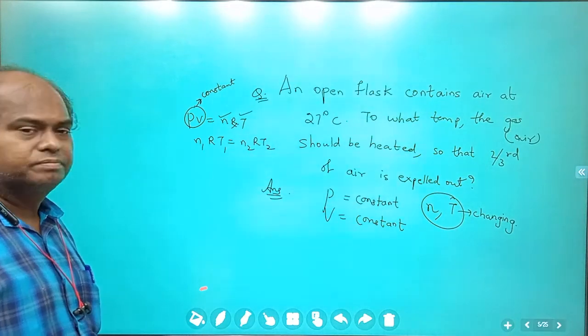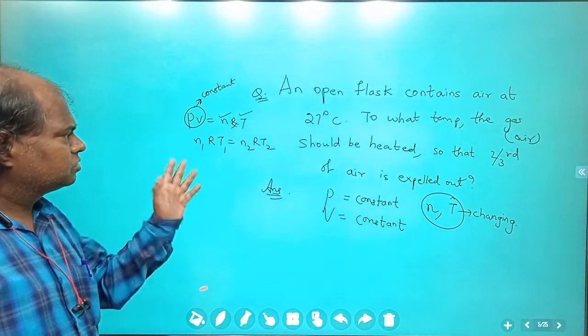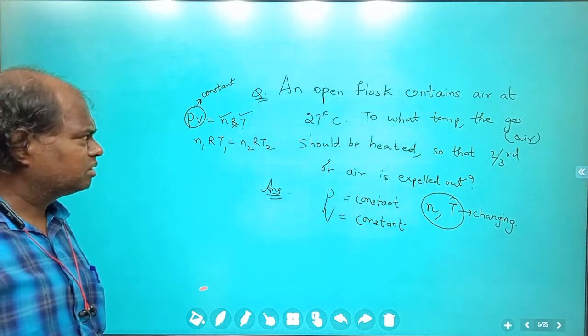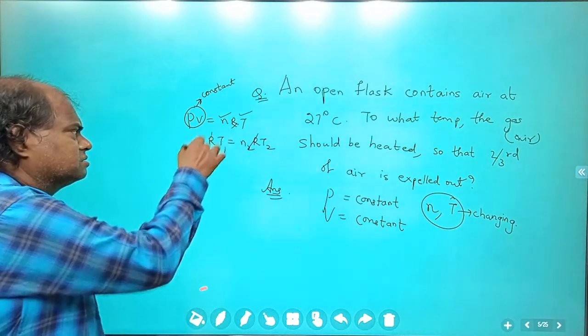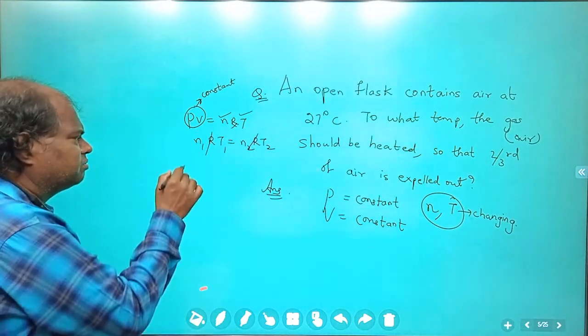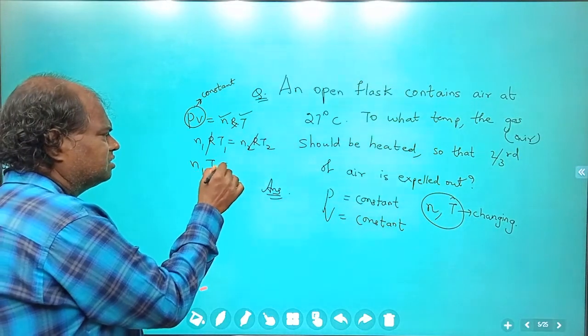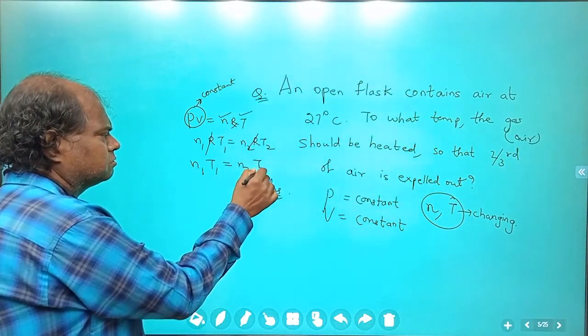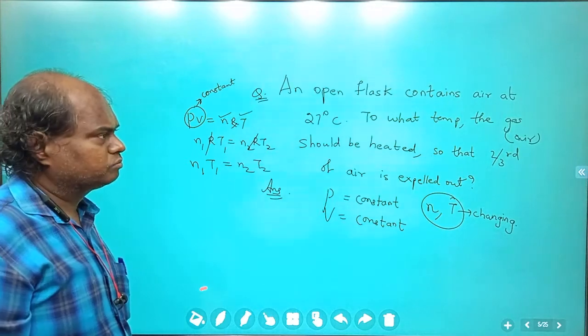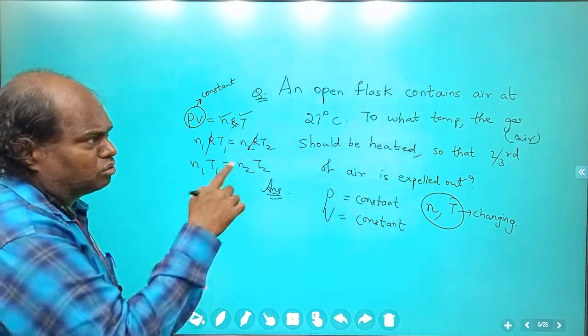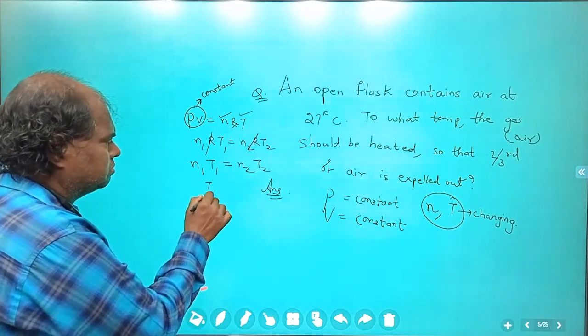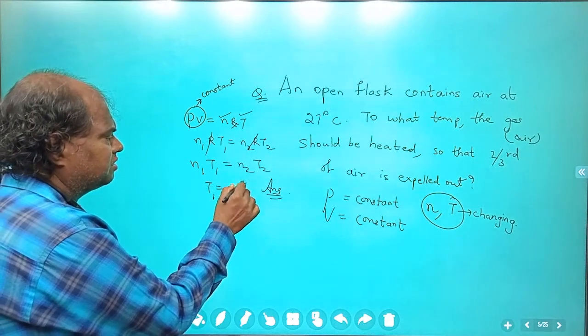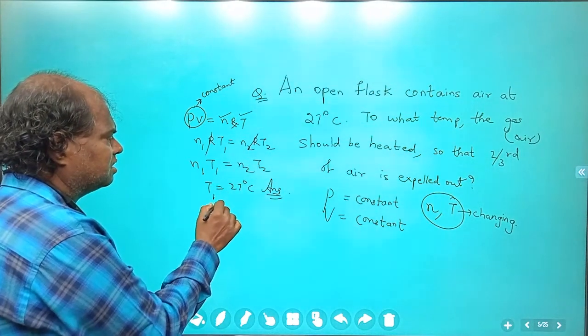PV is constant. Okay. So you'll get N1 RT1 is equal to N2 RT2. So R, R will get cancelled, right? So what is the relationship you'll get? N1 T1 is equal to N2 T2. Fine. Now you know T1. What is T1? 27 degrees Celsius. Correct.